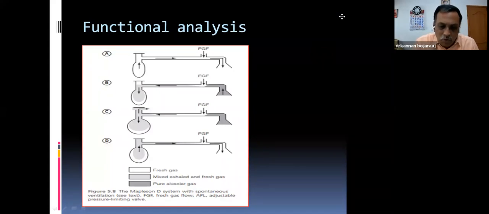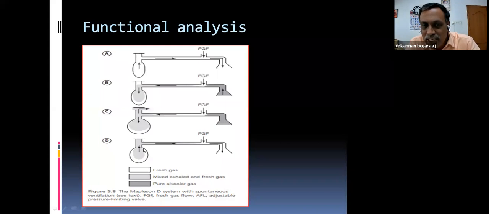So at the time of the next inspiration, what is there in this reservoir bag? Just before the next act of inspiration, the reservoir bag is filled with dead space gas and mixed alveolar gas and some fresh gas also.